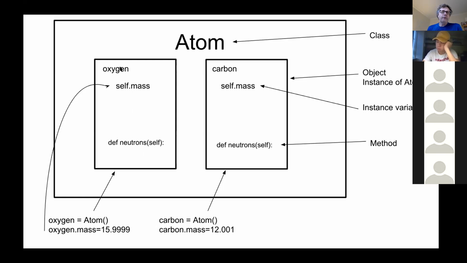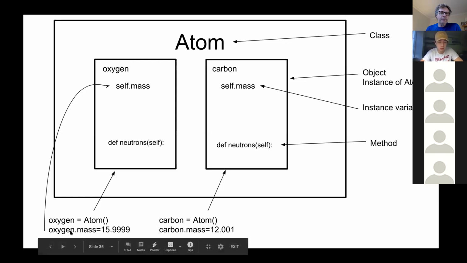Now we can actually refer to oxygen's mass outside of oxygen. And of course, self doesn't work because we wouldn't know which self we were talking about. So when we're outside of an object, we can refer to the object's instance variables by putting the name of the object and then the name of the variable.